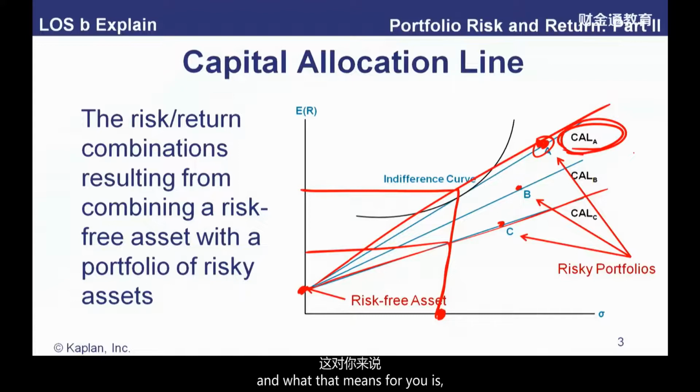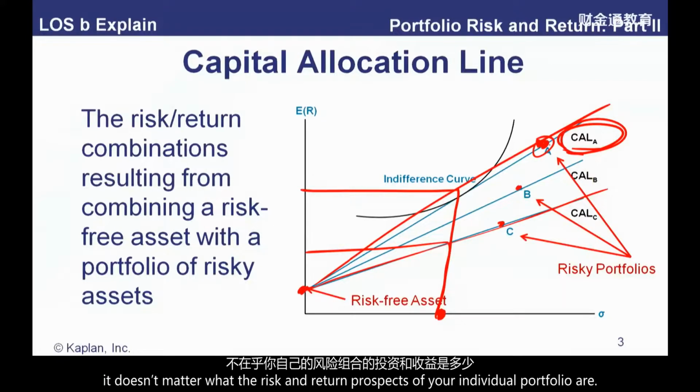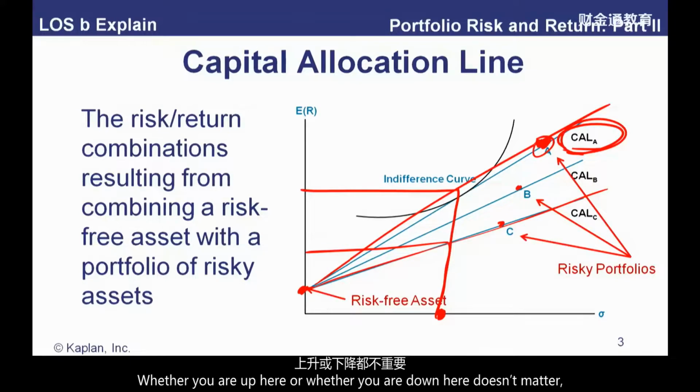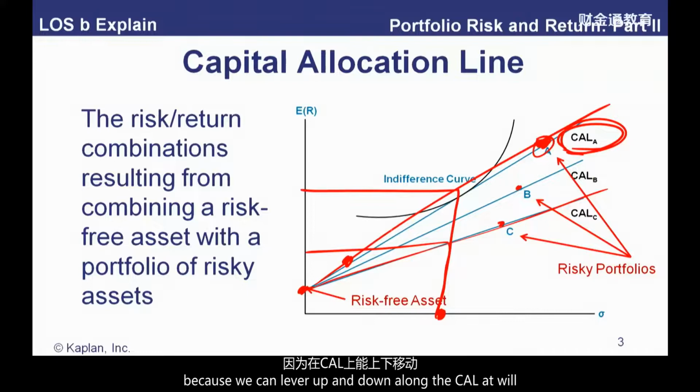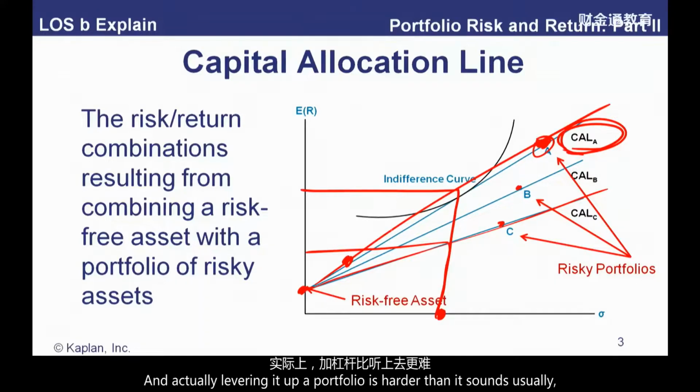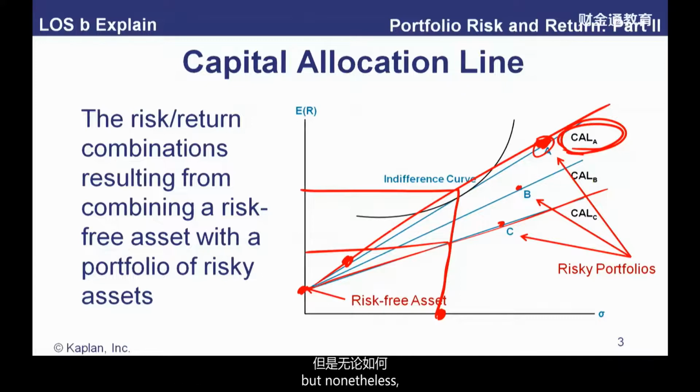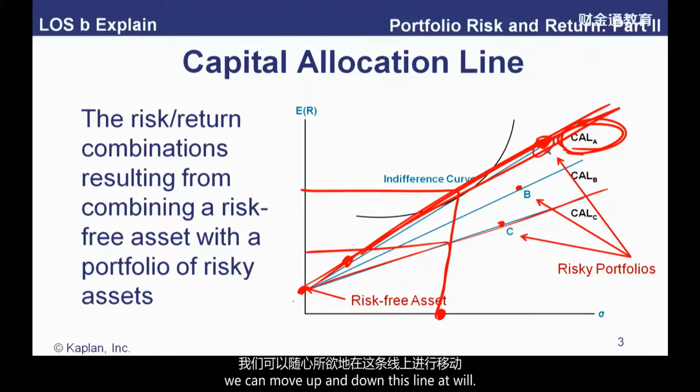And it doesn't matter what the risk and return prospects of your individual portfolio are, whether you're up here or down here, because we can lever up and down along the CAL at will, at least in capital market theory. Now actually levering up a portfolio is harder than it sounds usually, but nonetheless, in this tightly woven world, we can move up and down this line at will, all right?